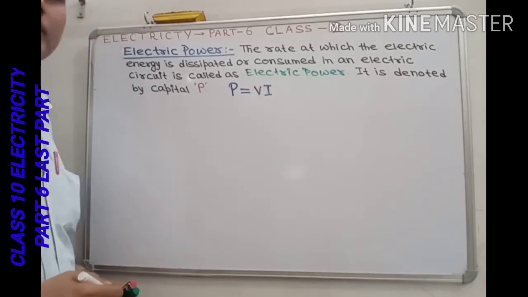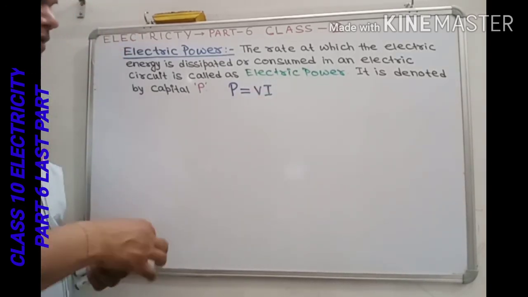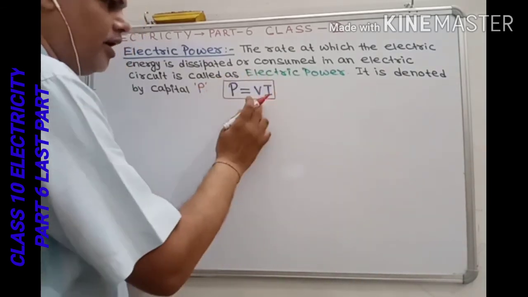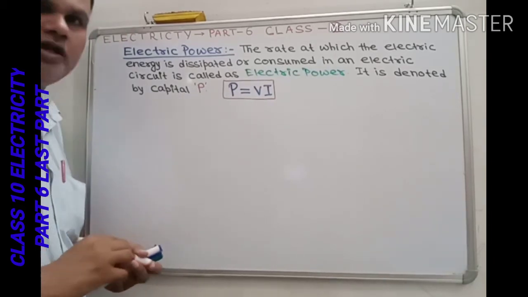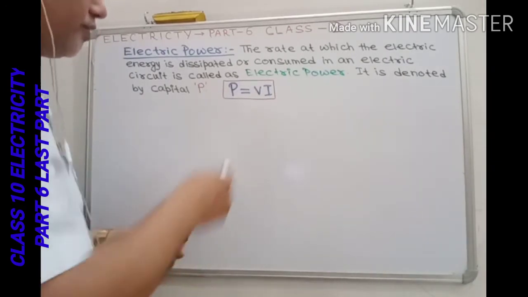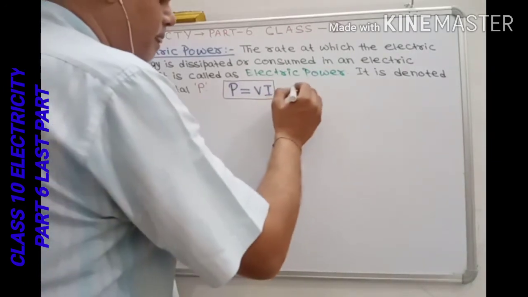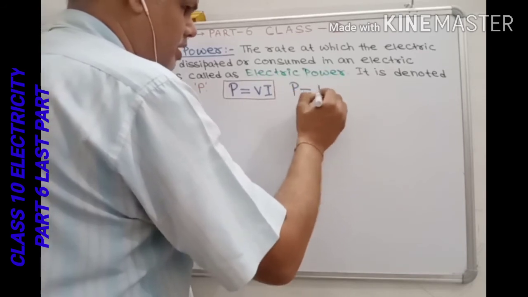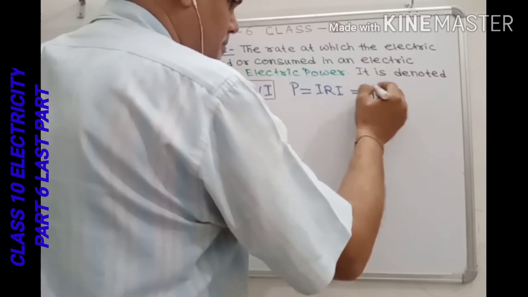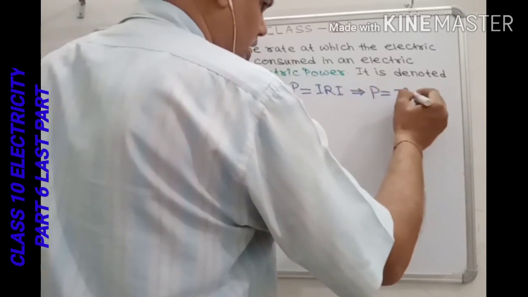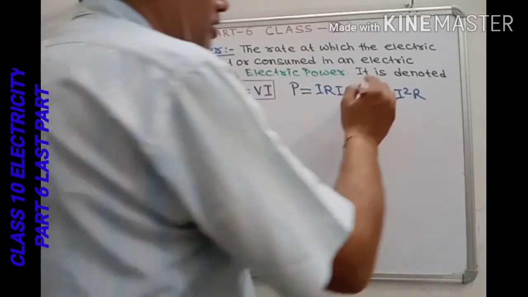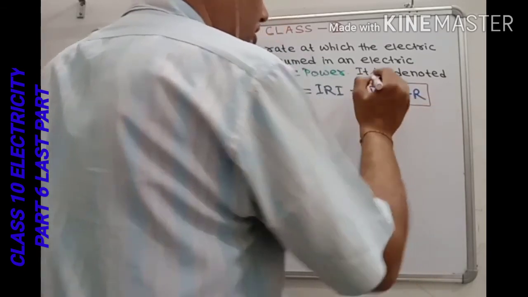Similarly, if we change this V according to Ohm's law, in place of V we place IR, then this equation changes to power equals IR multiplied by I, which becomes power equals I square R. We can use this equation also for calculating the power.